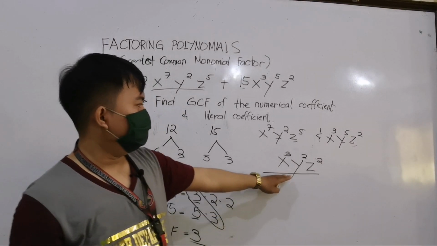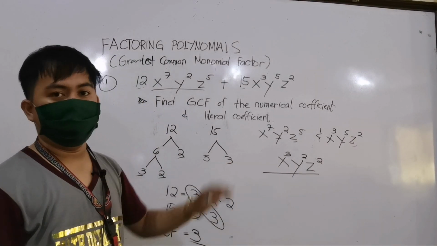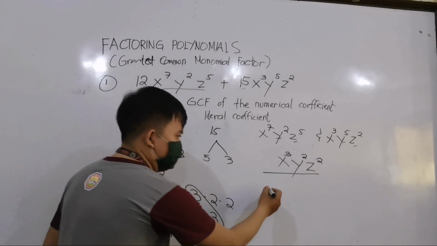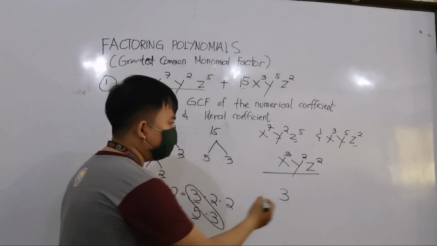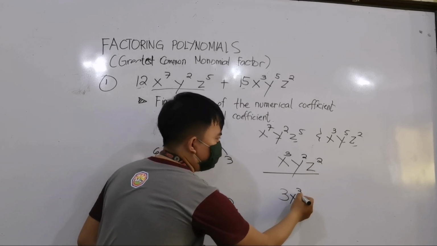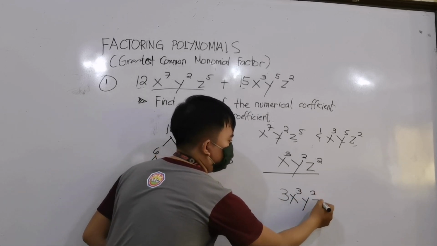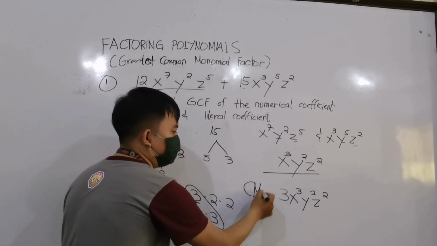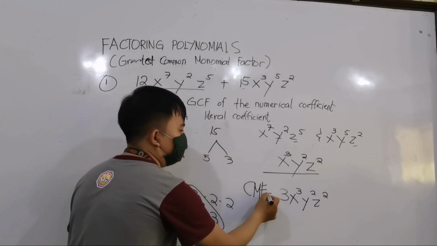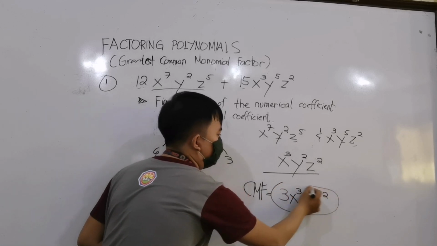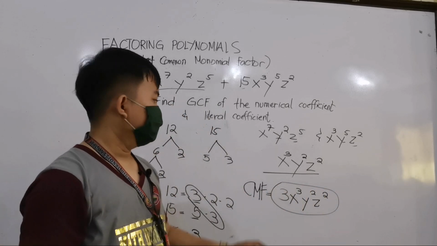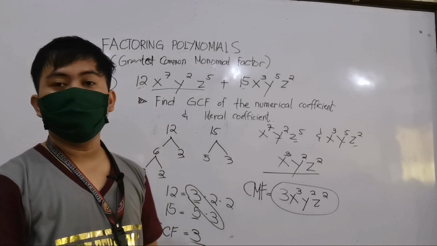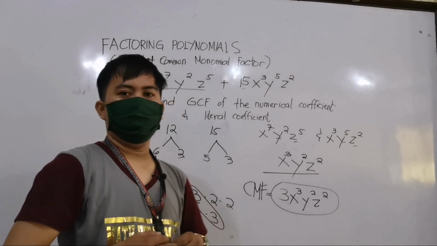Pero based on here, pwede lang naman i-combine kasi 3 times x cubed y squared z squared is parang pinagsama mo lang. 3x cubed y squared z squared. Ito na ngayon yung tinatawag nating the common monomial factor. 3x cubed y squared z squared.